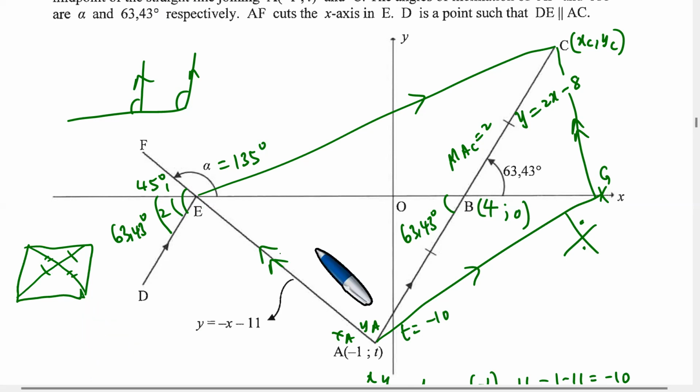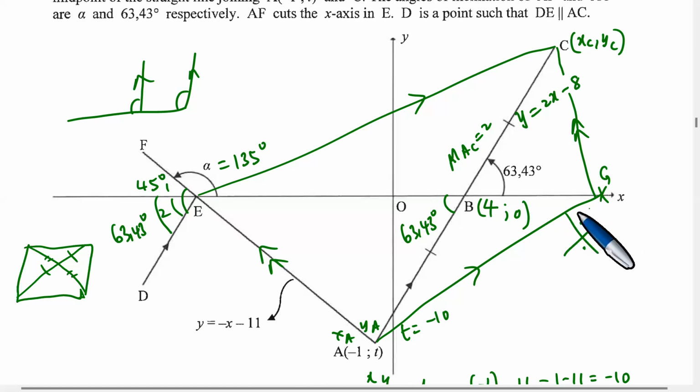Now it means if you can find the coordinates of E, which is very easy because the equation of the line that passes through E is known, the equation is y equals minus x minus 11. If we find the coordinates of E, then we have the coordinates of B, and then the coordinates of G will be obvious.